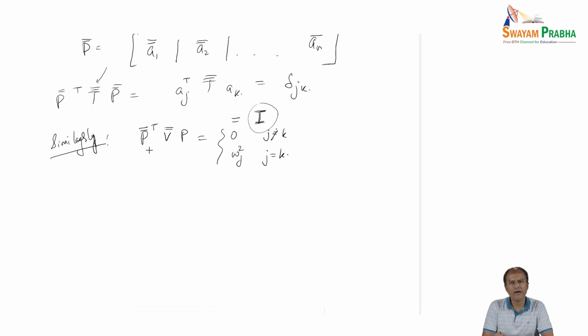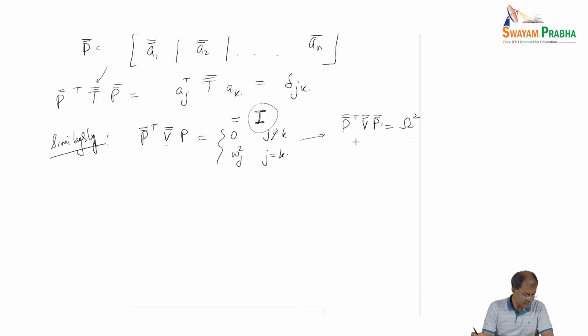We saw that if we do this vector-matrix multiplication, which comes from the Rayleigh minimum principle, we get omega squares on the diagonal and 0 on the off-diagonal. So P transpose V P is going to be diagonal with omega square entries.